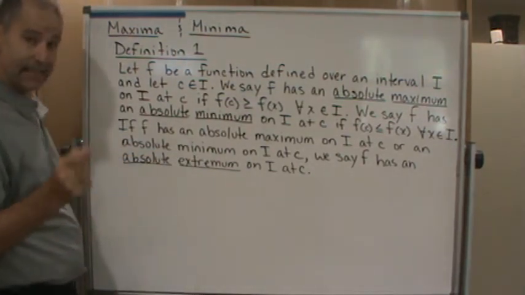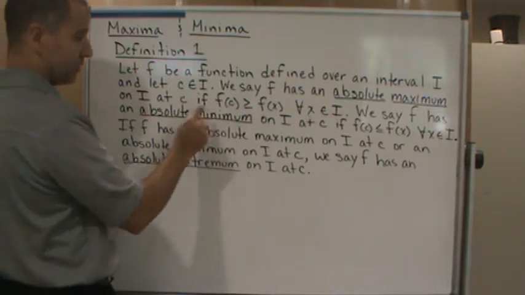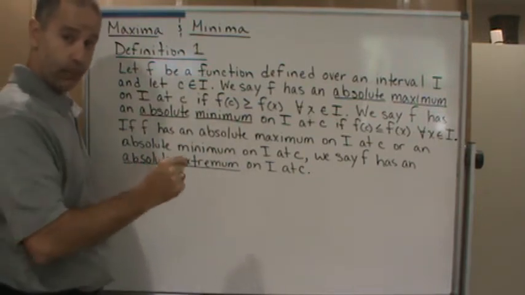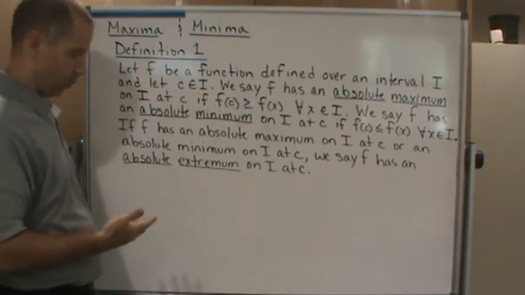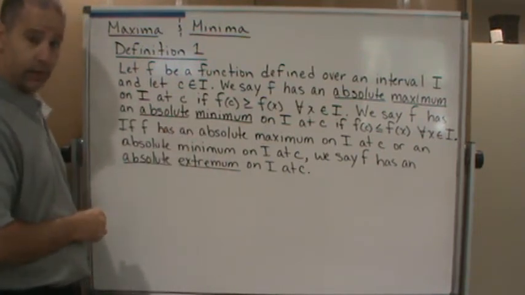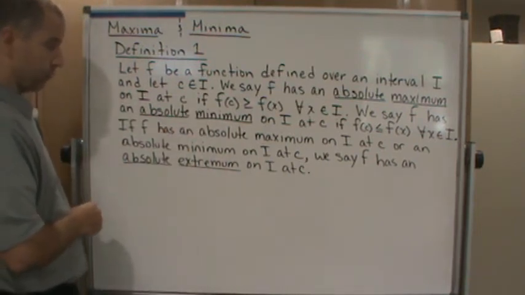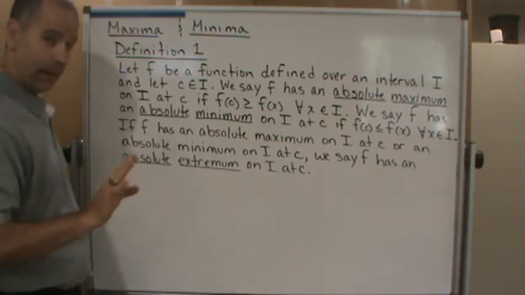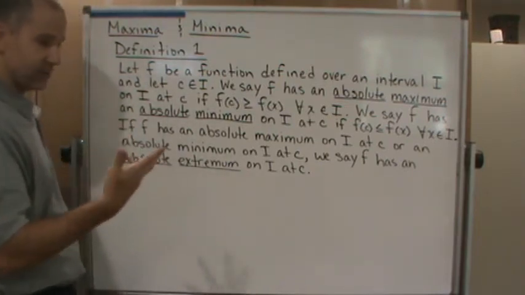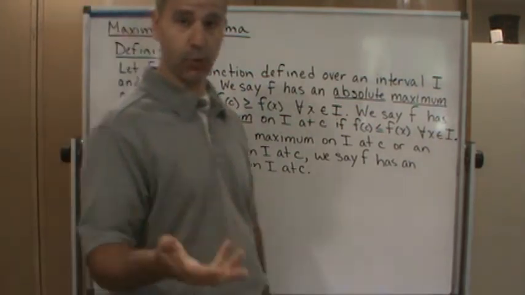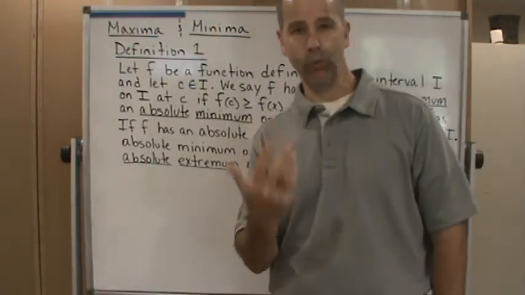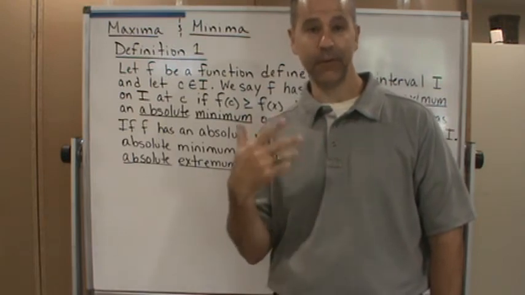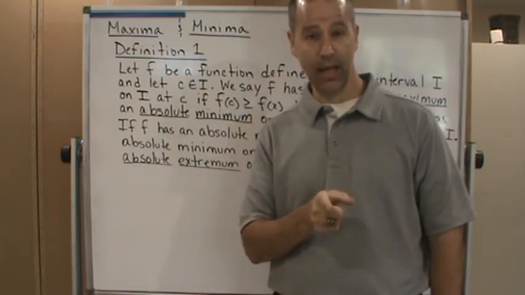Okay, it's not c. c is just the x value on the domain where the maximum or minimum occurs, or where the extremum occurs. So make sure you understand that. If you're asked to find the absolute maximum or the absolute minimum, you're looking for a y value, right? You're finding f of c, not c itself.